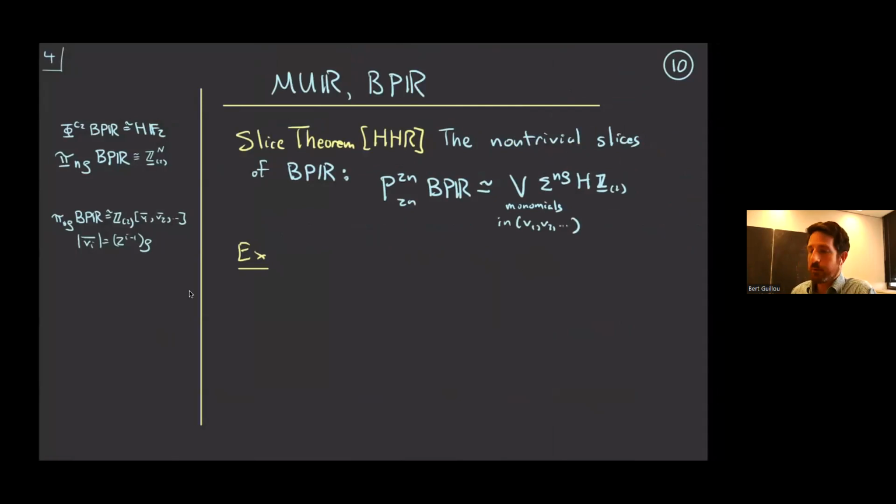So what I want to do is just describe what the slice spectral sequence looks like in this example. And in order to do that, of course, you need to know what the slices are. That's the E2 page of the spectral sequence. This is one of the important results in the Kervaire paper of HHR. They have this result they call the slice theorem, which describes the slices of various spectra. In particular, it applies to MUR and BPR.